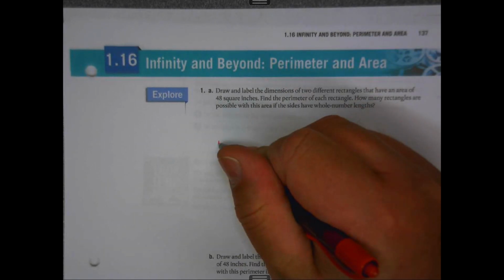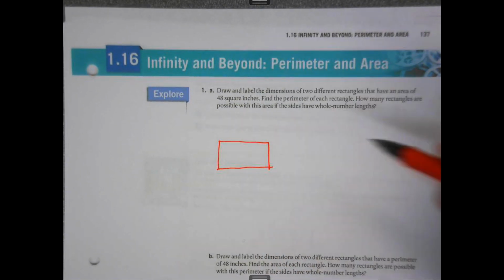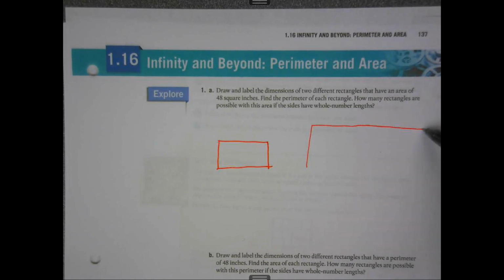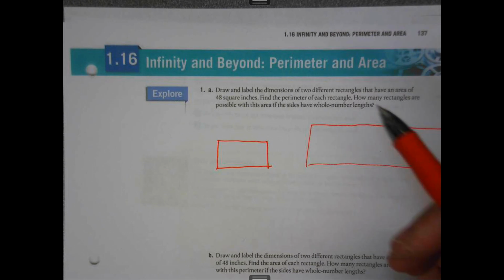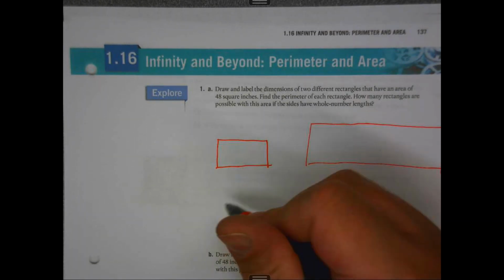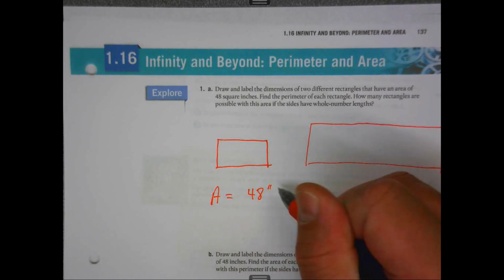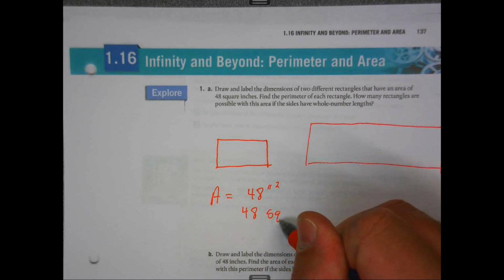So in other words, they want us to draw two triangles, or I'm sorry, rectangles, different rectangles that have an area of 48 square inches.